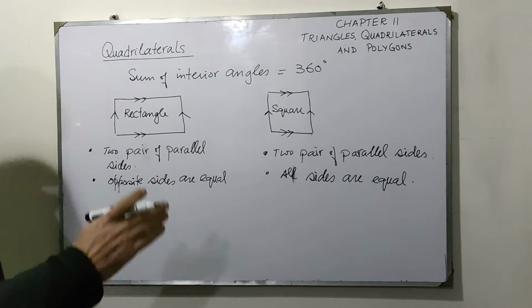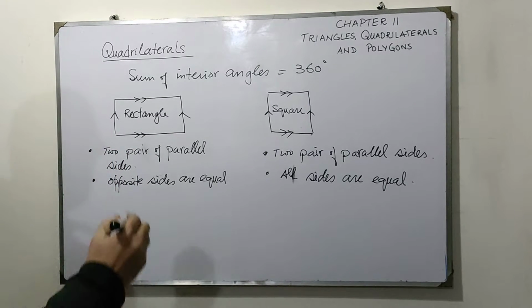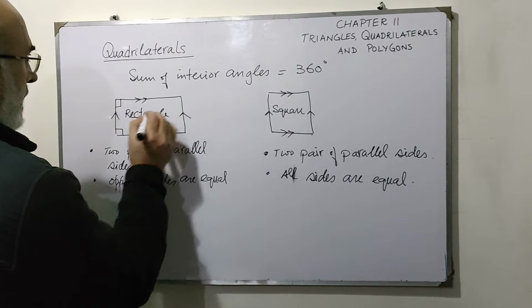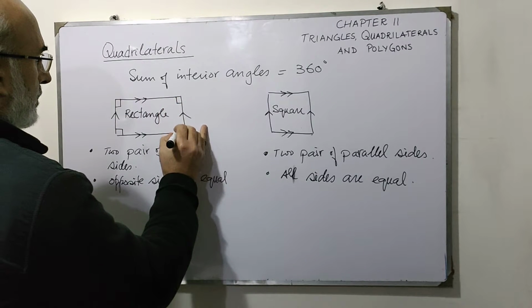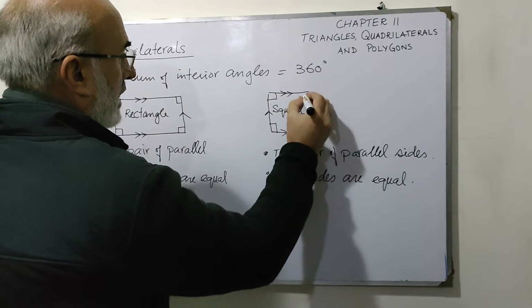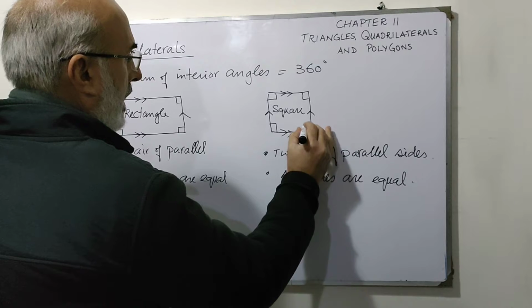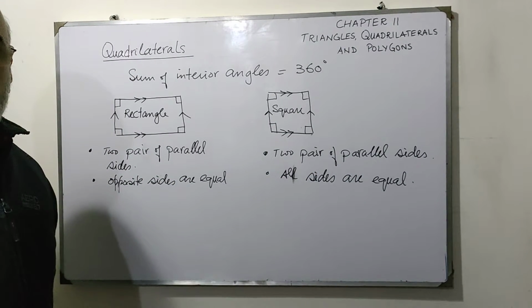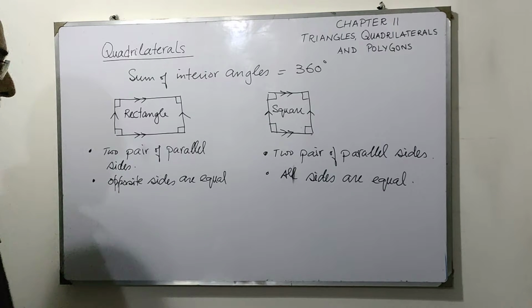Now let's come to the third property. Here in this case of rectangle, all angles are of 90 degree. And don't mind my drawings, but remember both these quadrilaterals have 4 angles and all the angles are of 90 degree.